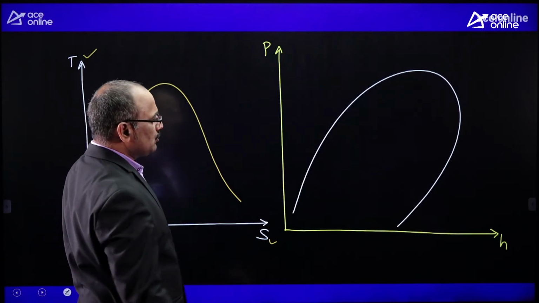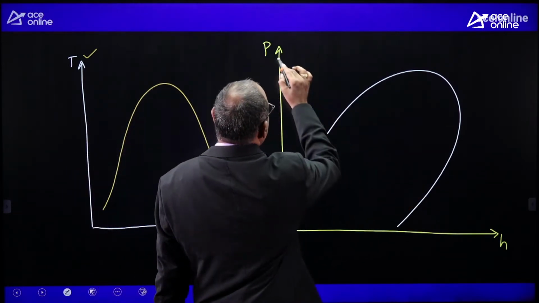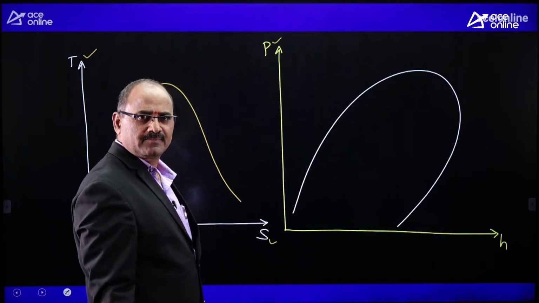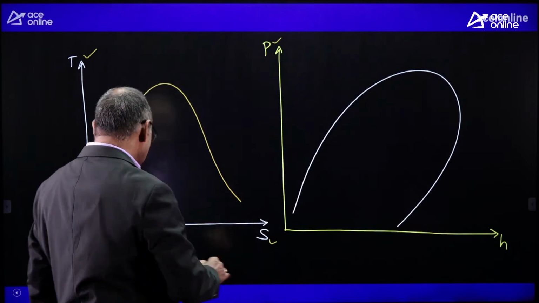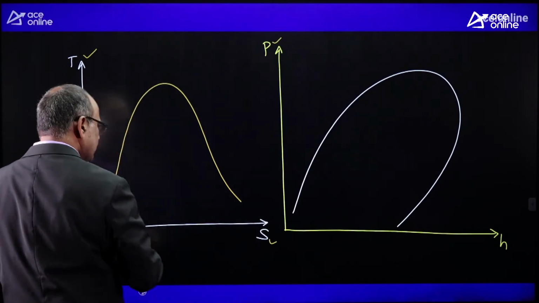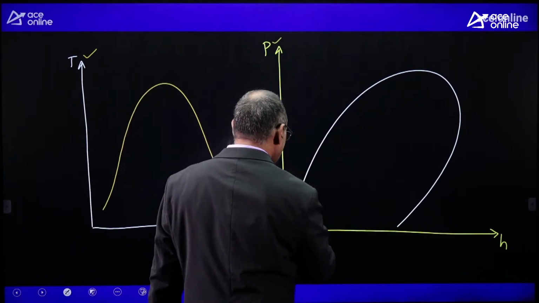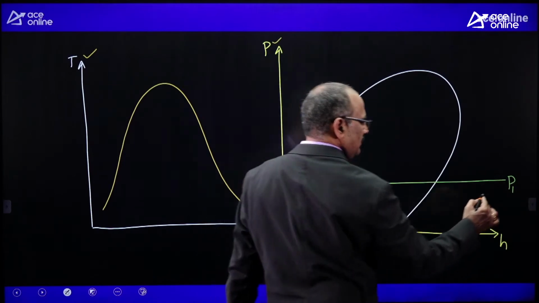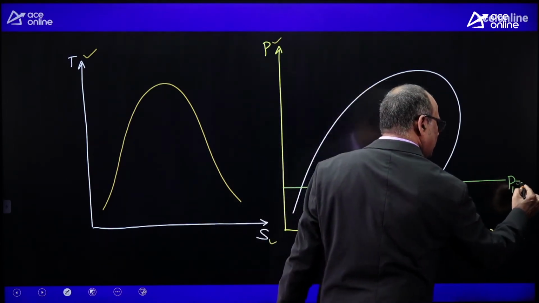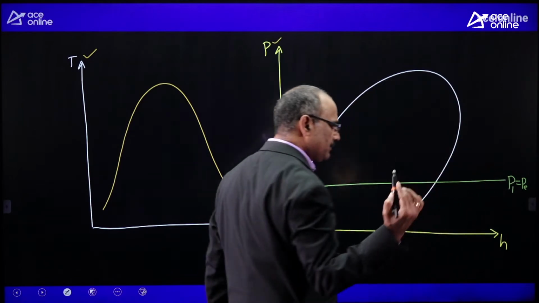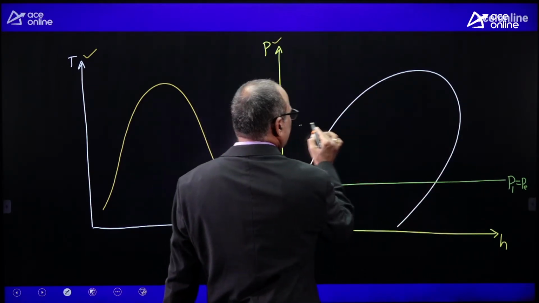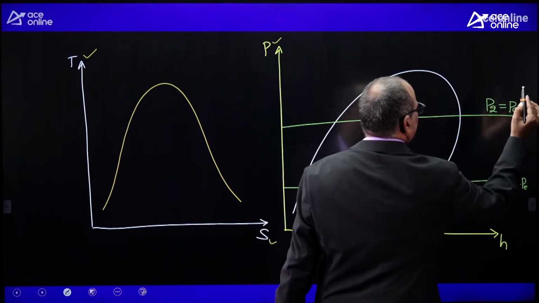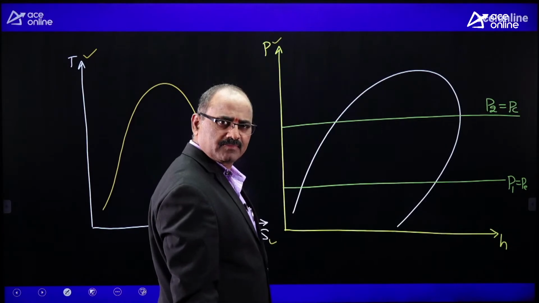The same saturation dome is appearing like this with pressure versus enthalpy coordinate system. Okay, understood? Yes. As you know, the vapor compression refrigeration system has only two pressure limits. Pressure before compression P1, of course that is also called evaporator pressure, and pressure after compression P2 is equal to condensation pressure or condenser pressure.